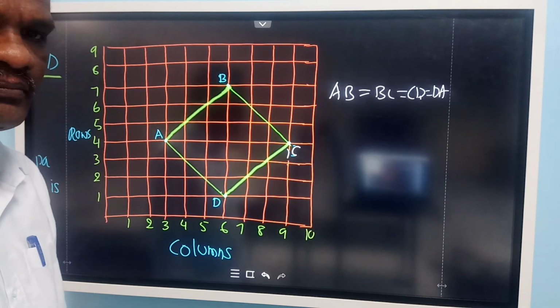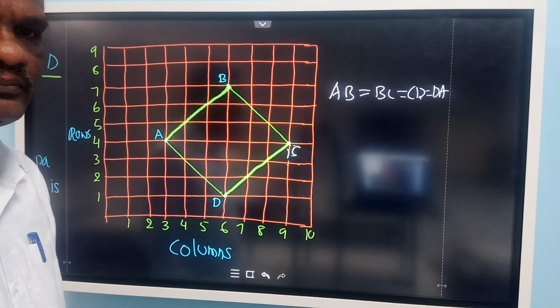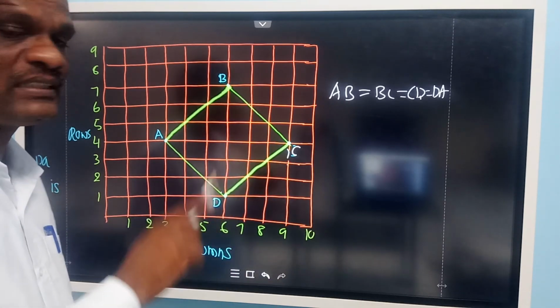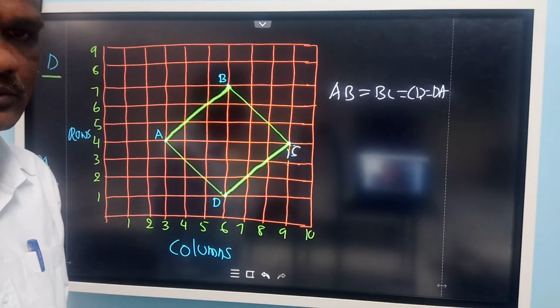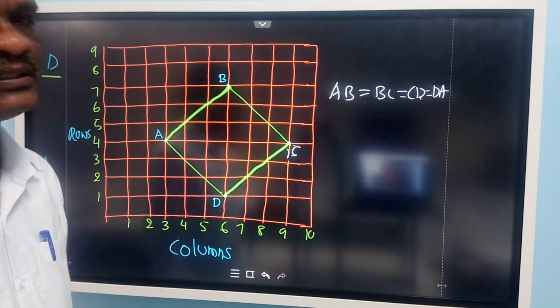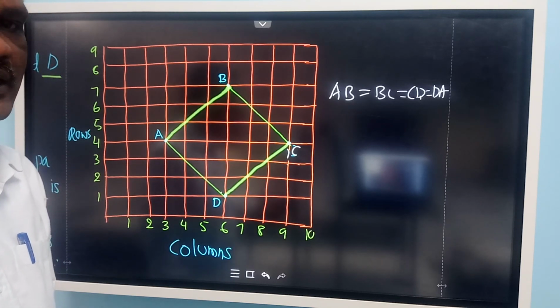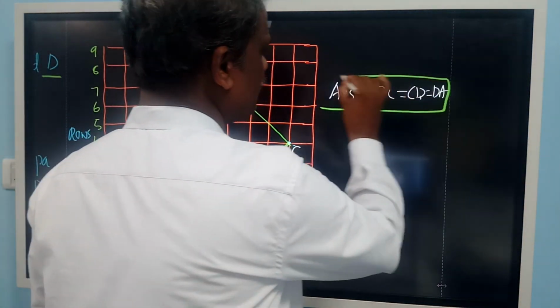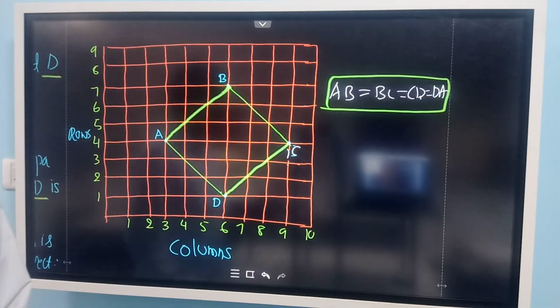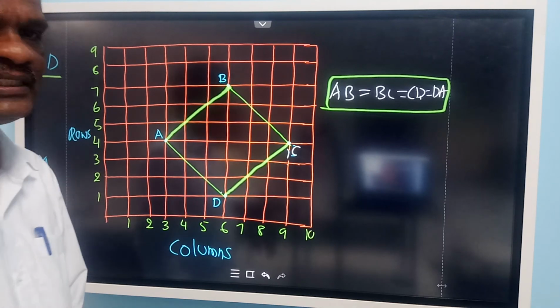Am I right? So diagonals equal. If it is this much only, it can be a square as well as a rhombus. Two possibilities are there. Rhombus also has sides all equal, square also. This is insufficient information. If I prove that all the four sides are equal, that is not enough to show that it is a square.